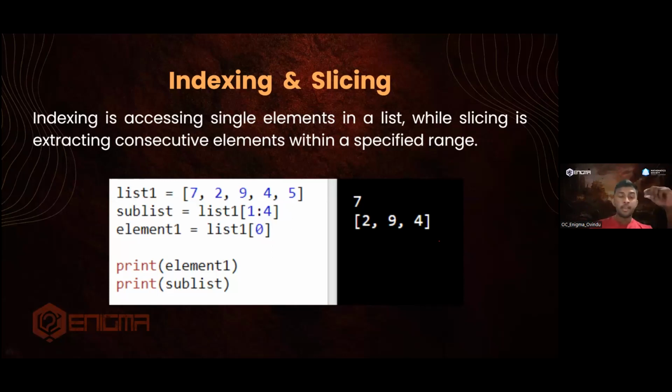For example, let's think our list has indexes only from 0 till 5. If you try to give 6 as the index, you will receive an index error, because there is no such element with index 6 in the list. If you do not give a correct index, you will receive an error.